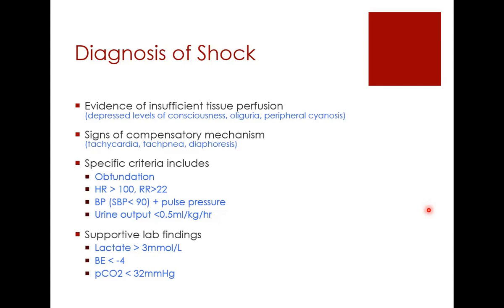If it's hypovolemic shock, you will likely see a narrow pulse pressure. But a wide pulse pressure can also be seen, for example in aortic dissection. So it's important to monitor the patient's pulse pressure along the way. Also, urine output can be one of the guides, where a reduction to less than 0.5 ml per kg per hour suggests the patient is in shock.